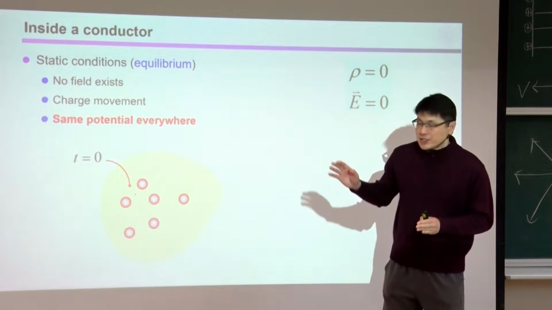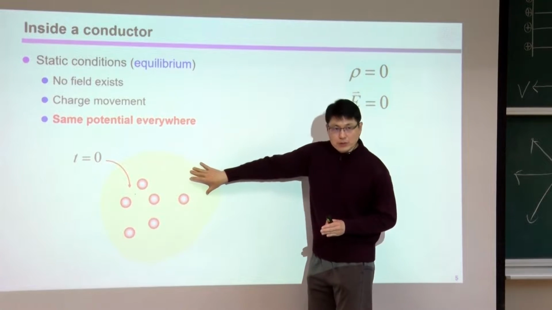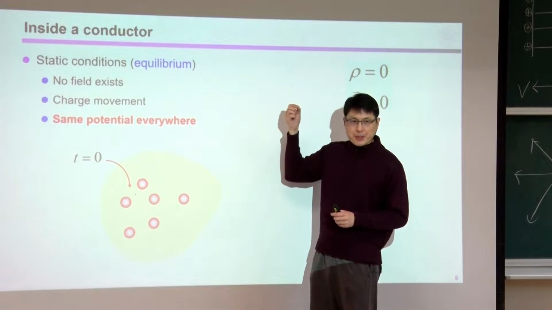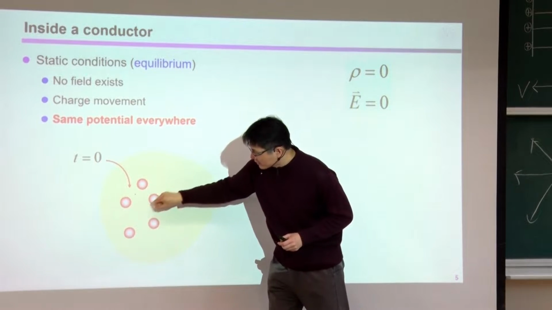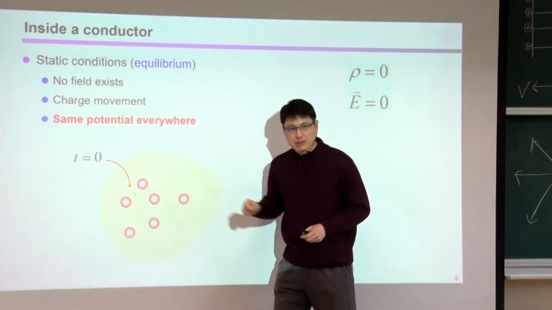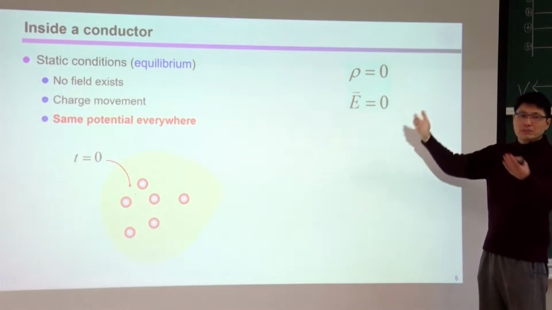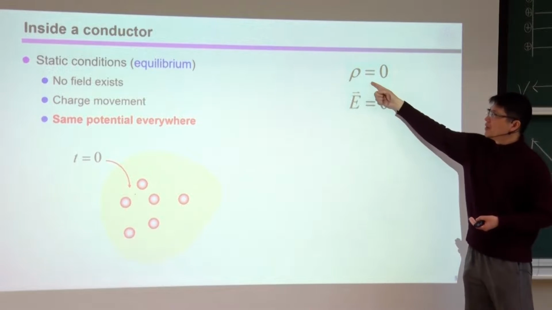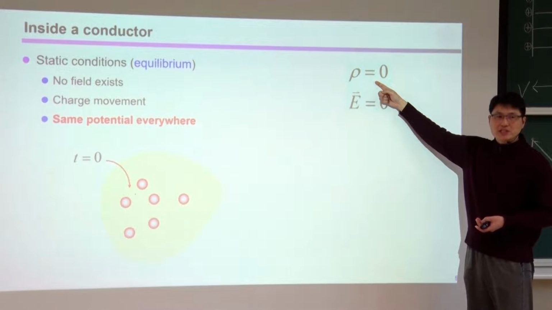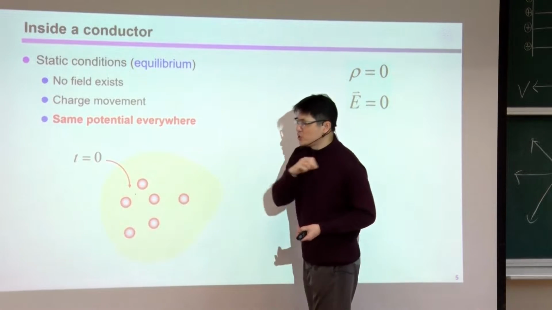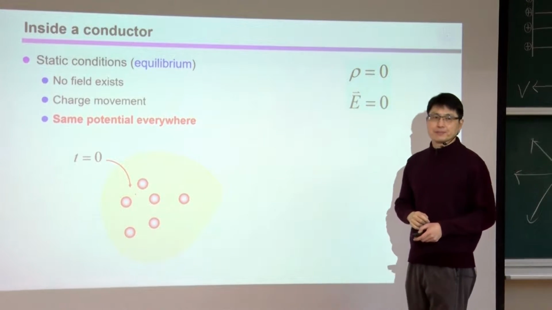If you have a perfect metal to start with, but you're a naughty student and you purposely inject a lot of free charges into the metal, you want to challenge the fact that the professor told you there cannot be charge inside the metal.